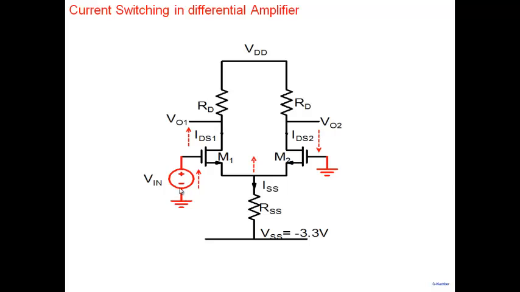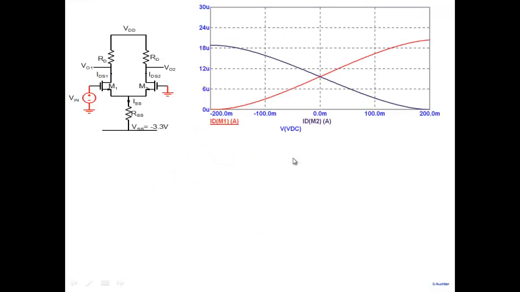And whatever is happening with the voltage here, you could take this voltage and put it over here, and the effects would be the same, except that when the input voltage is positive here, the current will shift to M2. So these two graphs basically show that particular property. Along this axis I have voltage here.